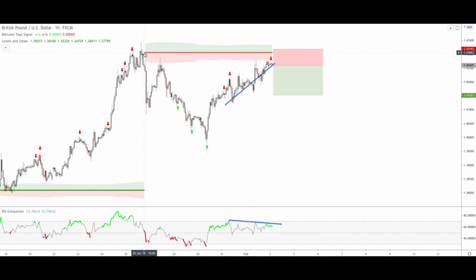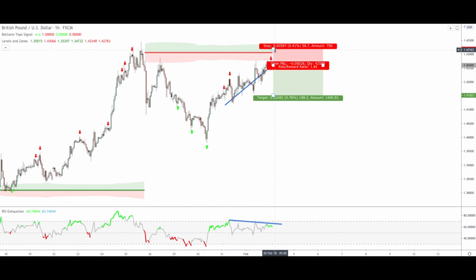And this is a major feature of the levels and zones indicator, because way back in time it tells you, wait, this level, either a support or a resistance, is going to be a major level in the future. So watch out for the price action as it approaches a certain level, because this is going to be a major level. Okay, so without further ado, the stop loss is set.